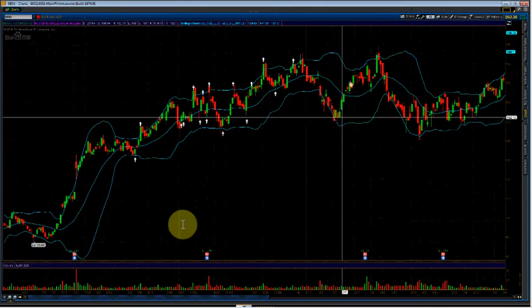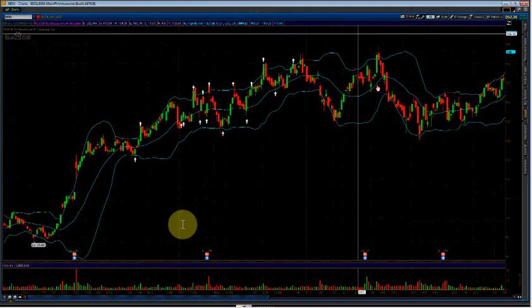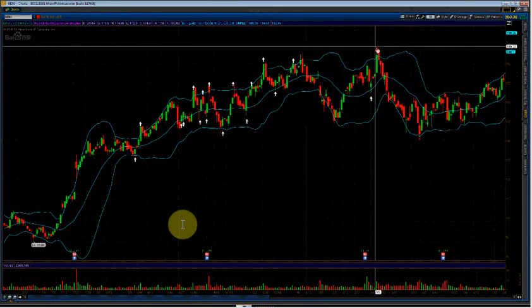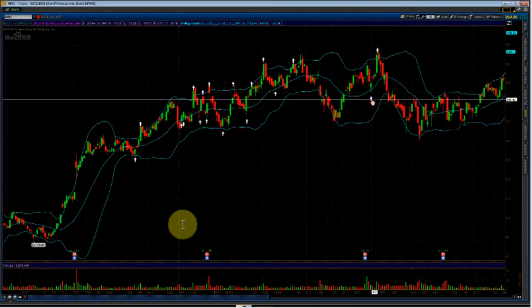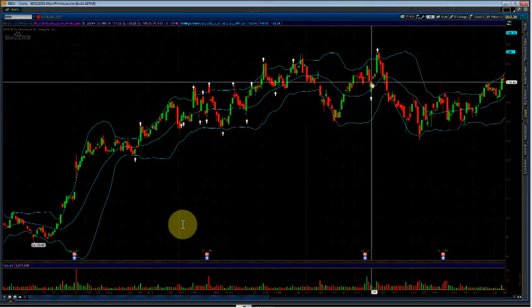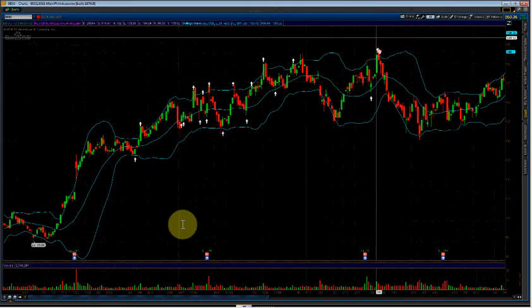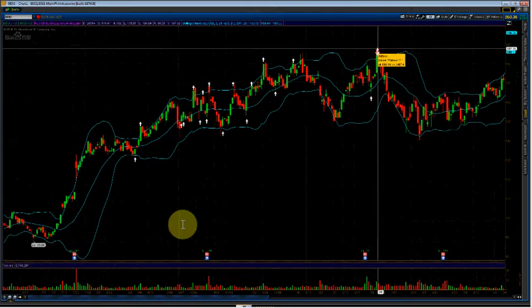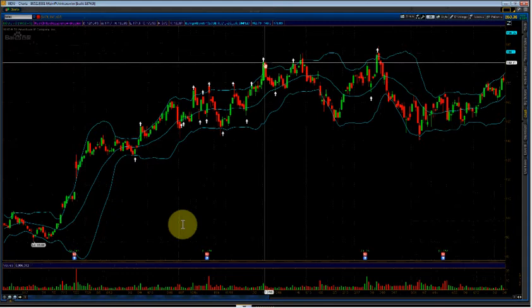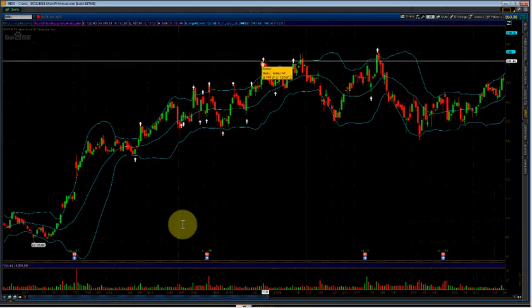Now, in this case, the way I would trade Bollinger Bands if I'm using the center line is I would have bought at the end of that day. And now also too, I don't want you to think that I'm marking these high points because I'm trying to convince you you could sell at that high point.